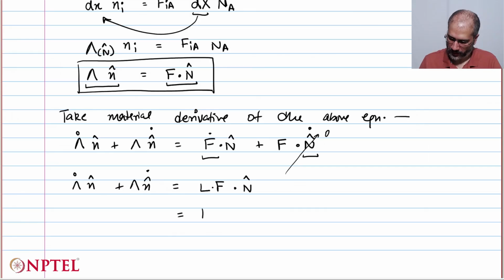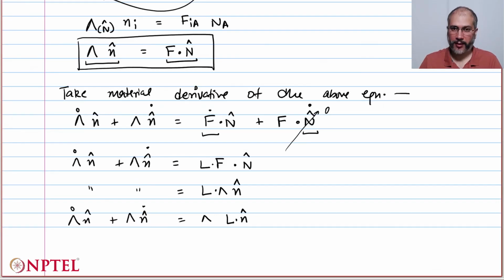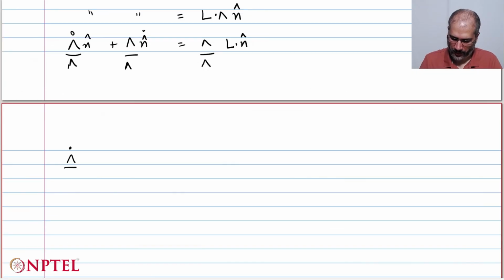So we can write this as L times lambda times n hat, or more conveniently, lambda times L dot n hat. In fact, I can divide both sides by lambda. So what we have is lambda dot upon lambda times n hat plus n hat dot is L times n hat.